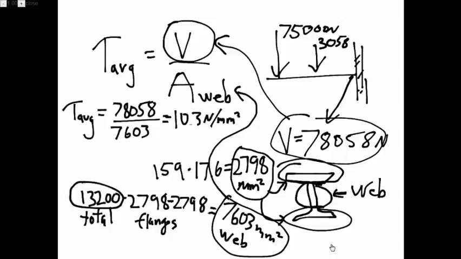And when we plug in our numbers in this equation, we get 10.3 Newton per millimeter squared, or 10.3 megapascal, and that is nowhere near the 130 megapascal that's allowable. So I'm going to conclude we can check off our horizontal shear stress requirement and conclude that this beam would work for us.